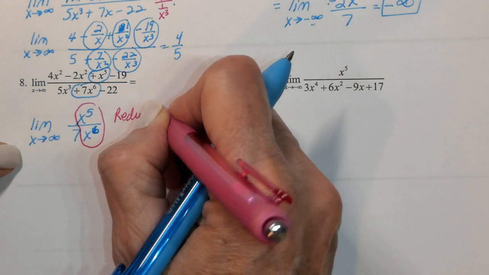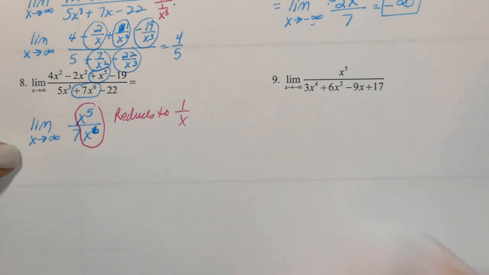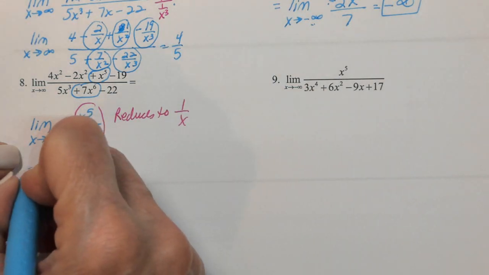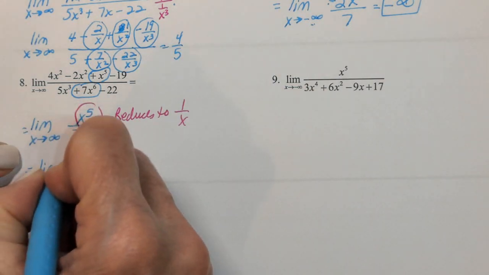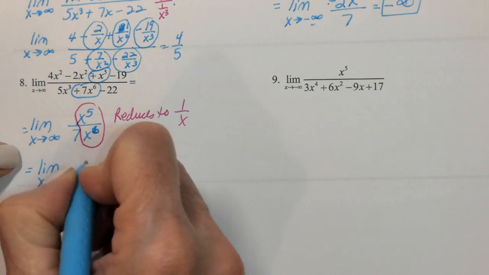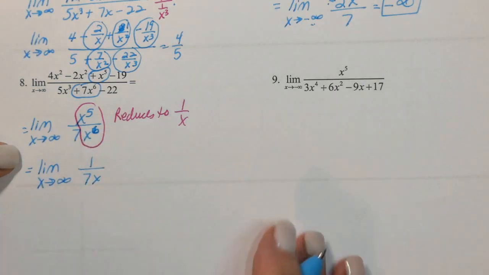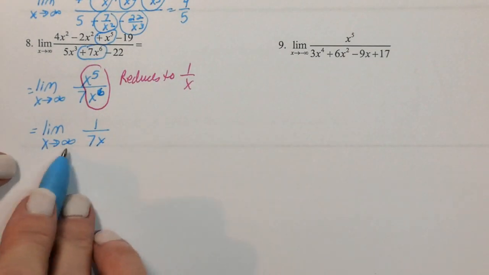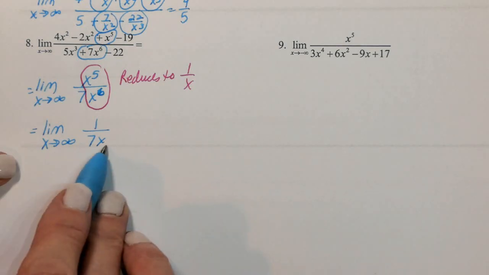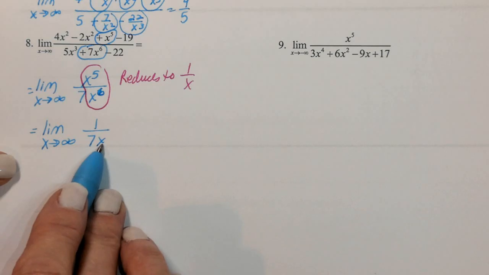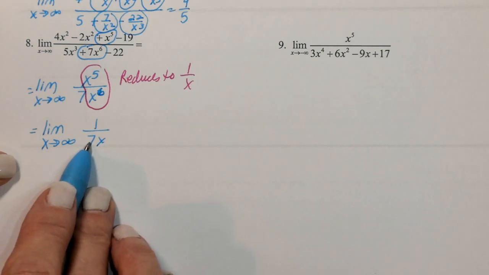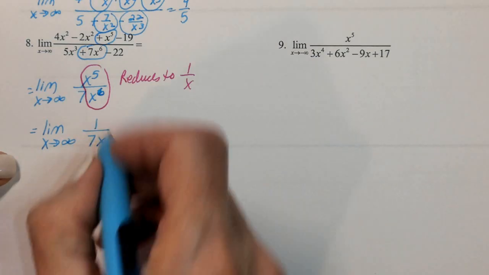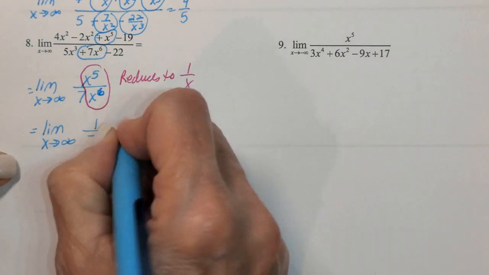That reduces to 1 over x, right? So x in the bottom. So this is equal to this limit, 1 over 7x. Now we let x go to infinity. We'll have a very, very large unbounded number. Multiplying by 7 will not change that. 1 divided by that, this is 0.